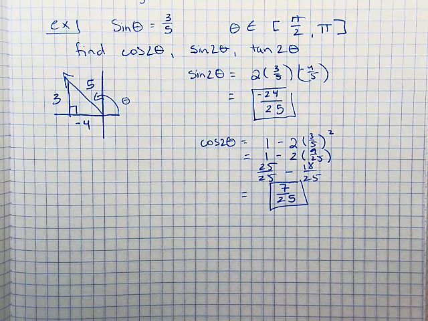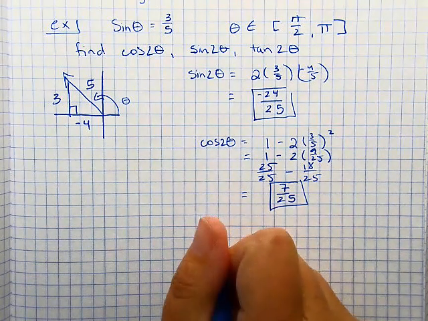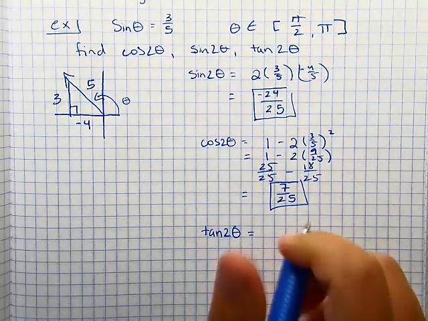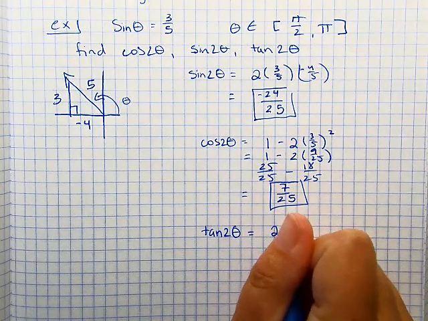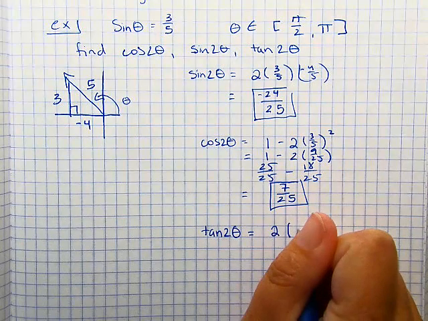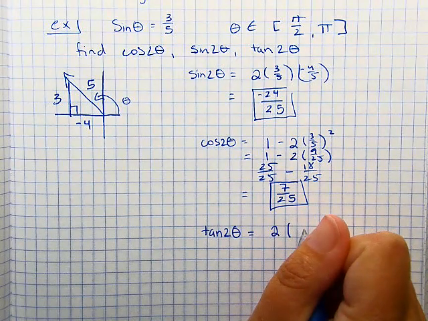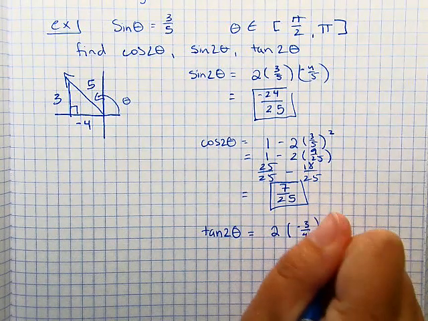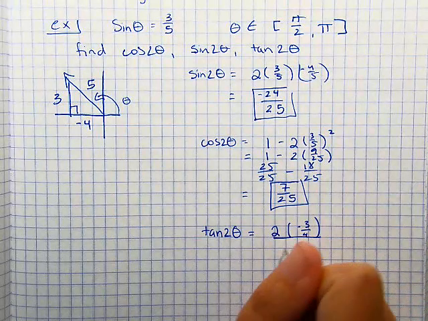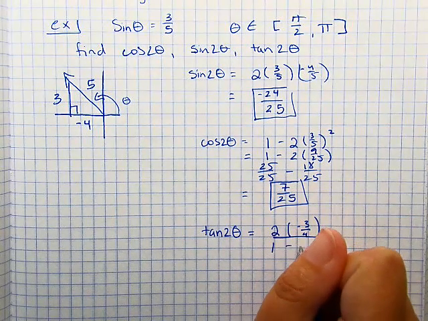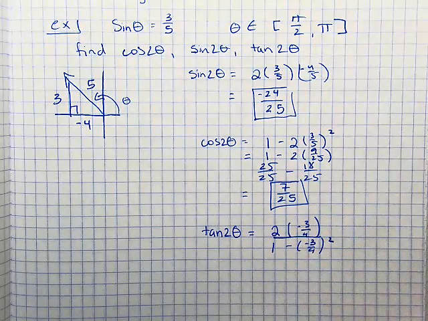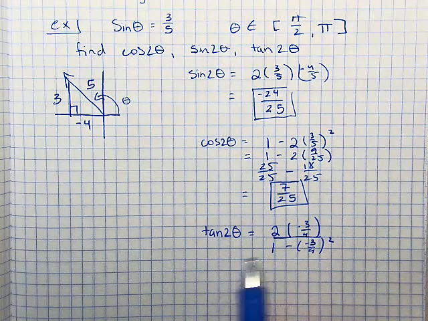For tangent of 2 theta, we can use the formula as well. Tangent of 2 theta is 2 times tangent, which is -3/4, over 1 minus tangent squared, so -3/4 squared.